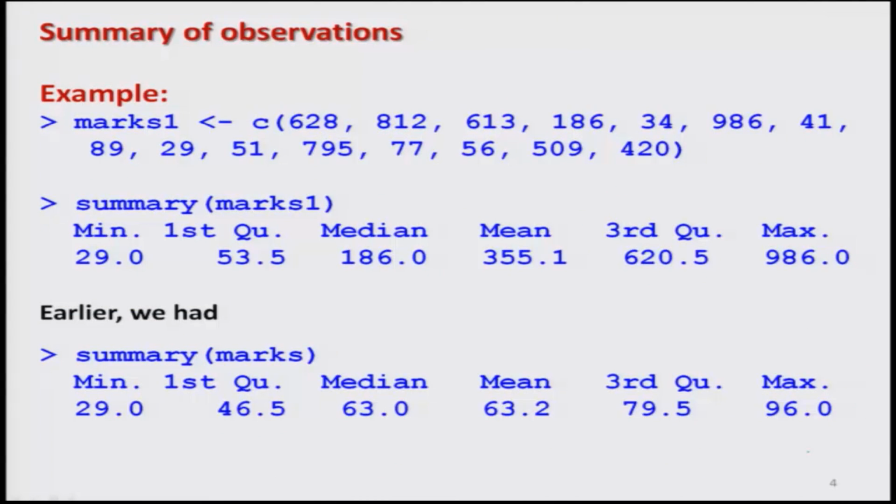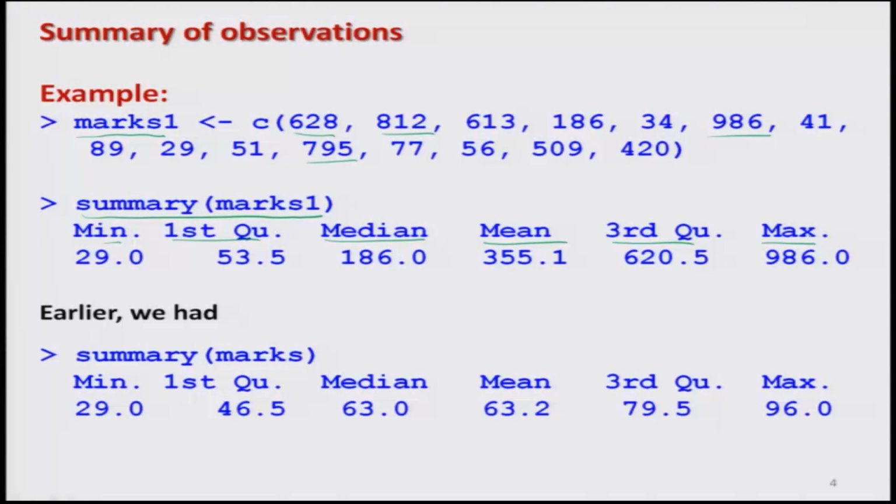Suppose I take another data set and call it marks 1. What I have done is, in the same data set, I have added some extreme observations. You can see here 628, 812 and so on, 795, 986 and so on, and I obtain the summary function once again on the data vector marks 1. So, the summary function gives us this outcome: minimum, first quartile, median, mean, third quartile and maximum.